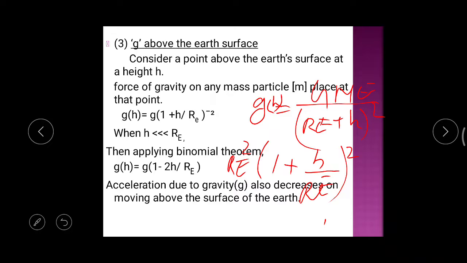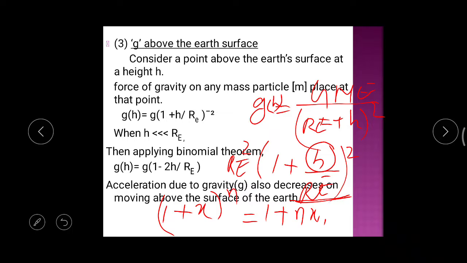This is a general relation: (1 + x) raised to n will become 1 + nx if the x value is very much less than 1. Here h is small compared to the R_E value, hence h by R_E will be very much less than 1.